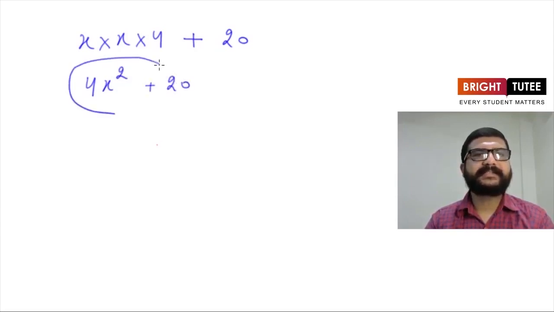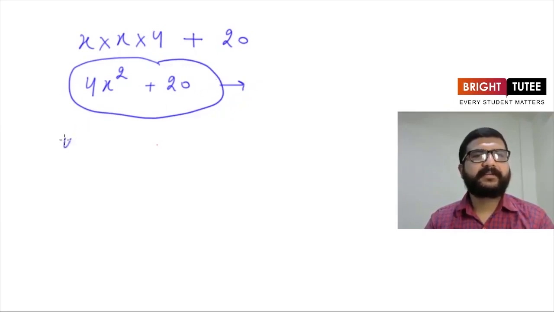Now again this is an algebraic expression. So here 4x square is formed by multiplying x with x and the product with 4, and then we added 20 to it. This formed an algebraic expression.